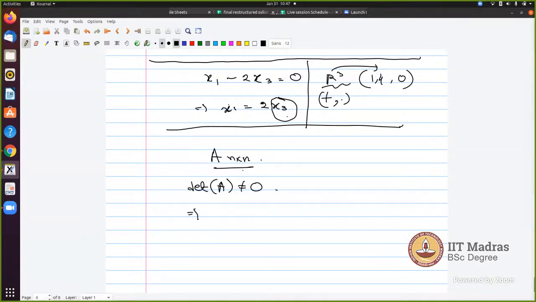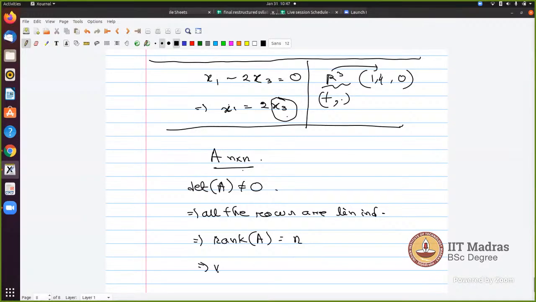Then you have said all the rows are linearly independent. Now, what is the rank of A then? n. All the rows are independent, so after row reduction, all the rows will be non-zero. So rank of A is n.